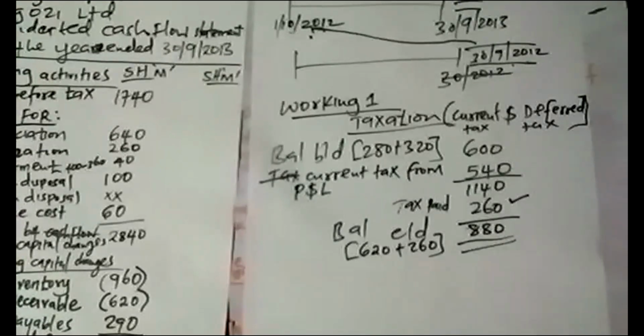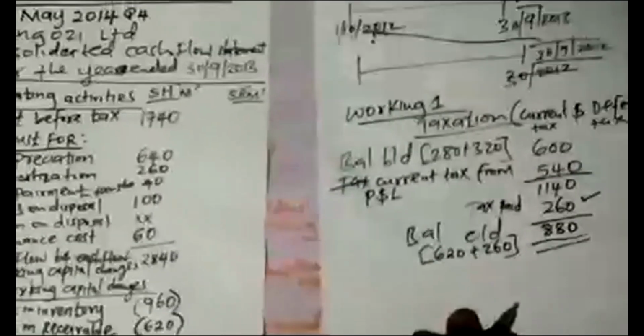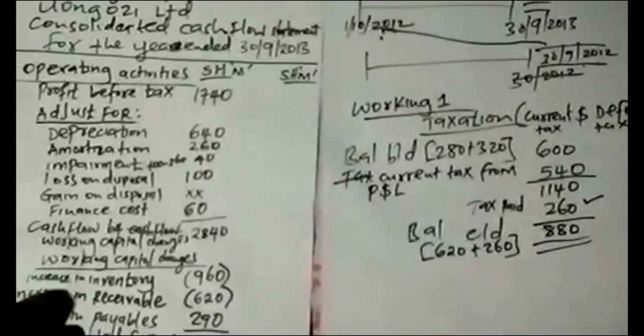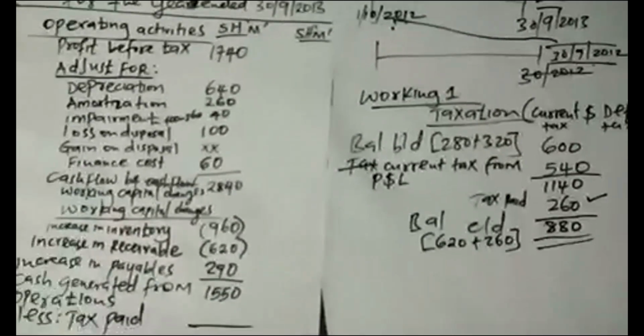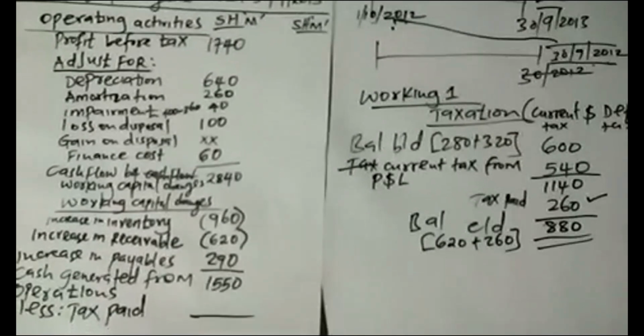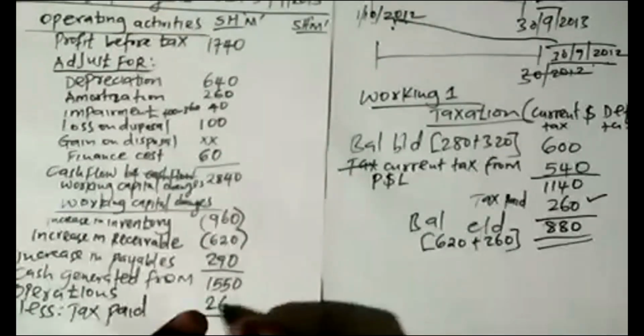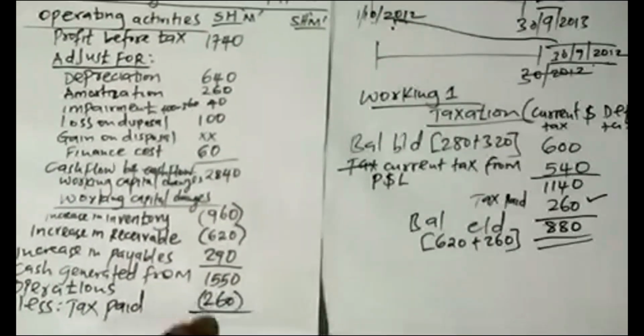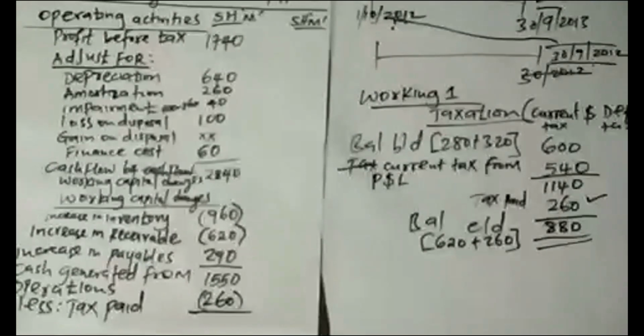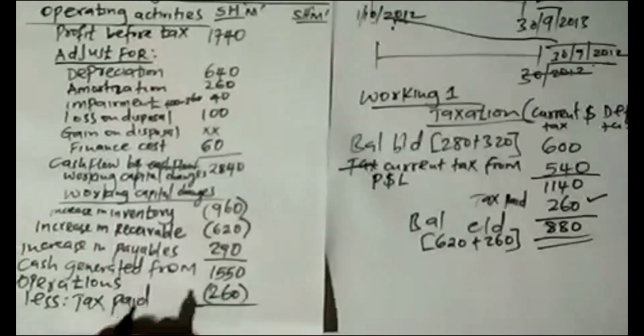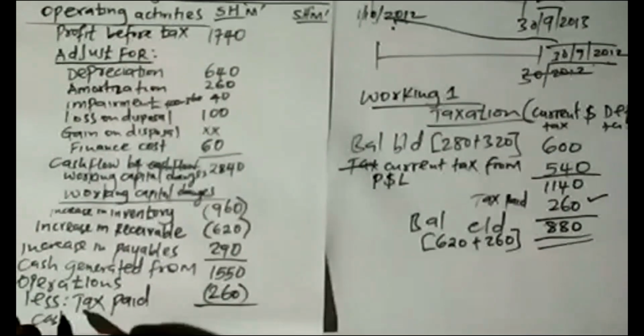That is what you need to subtract here as your tax paid. So 1,550 minus 260.